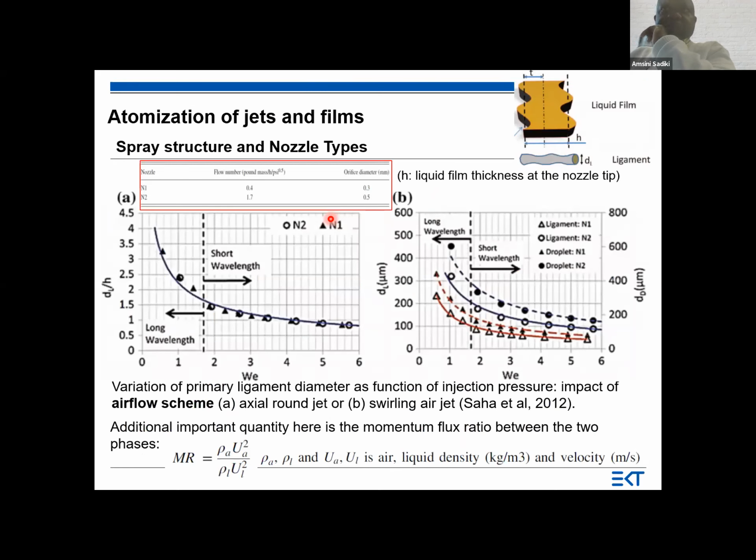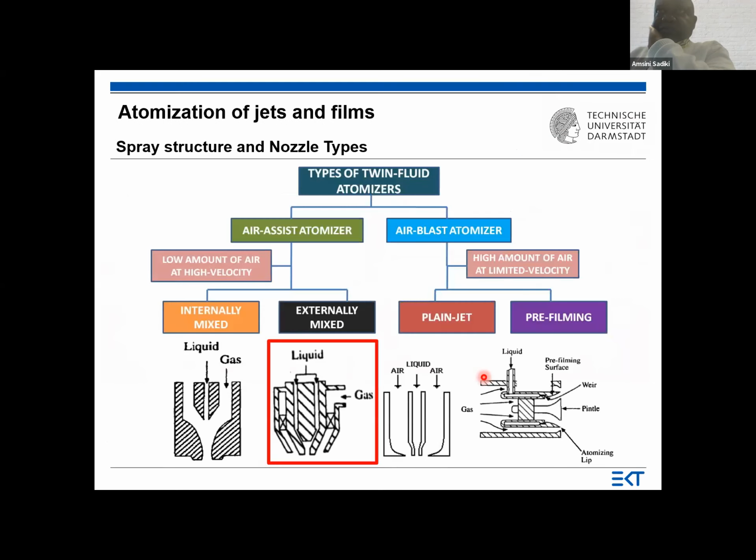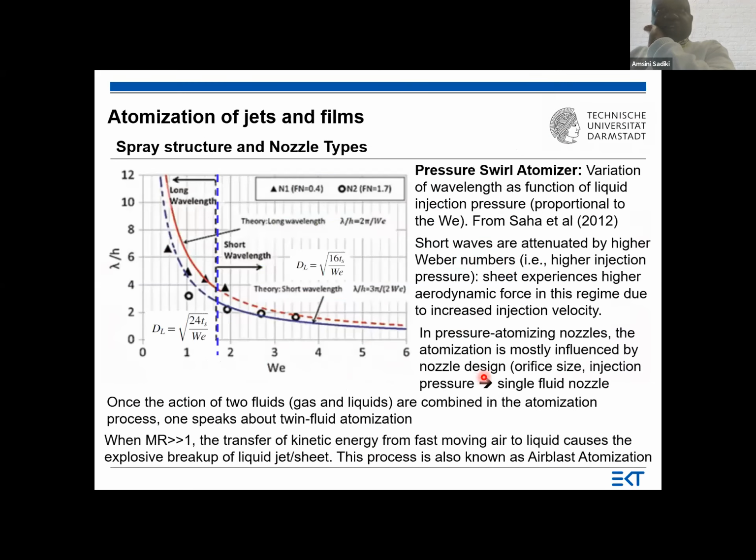The question is, what is the criteria to distinguish both?